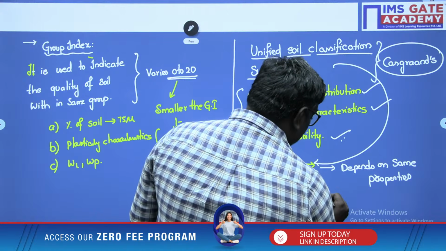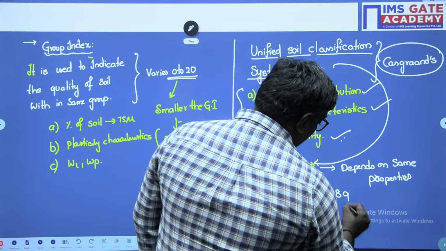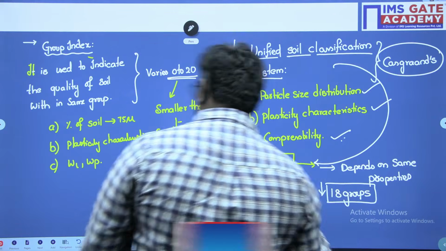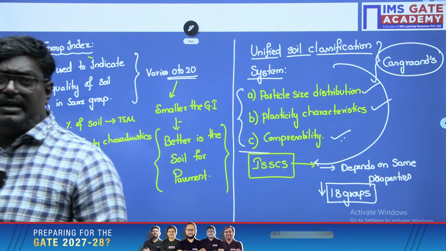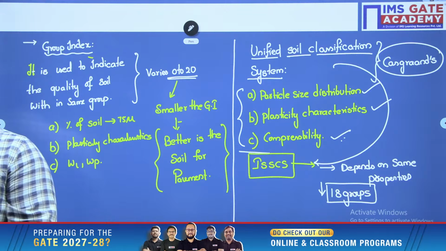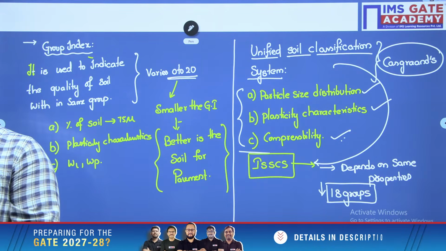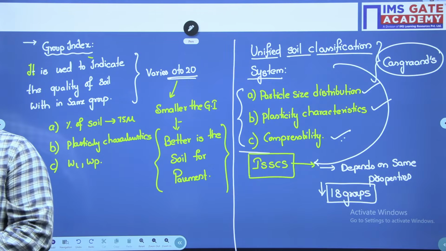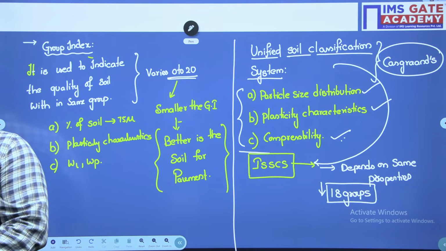Here the soil is classified into how many groups, my dear students? Here also the soil is classified into 18 groups. So please write this down. Students, if you feel that this is helping you, you can share with your friends so that it will help them. Any doubts, sir, in this?